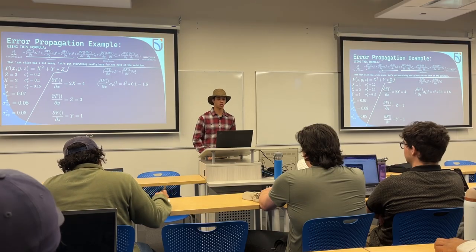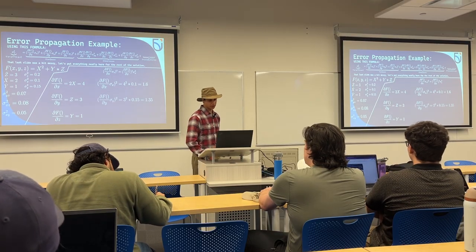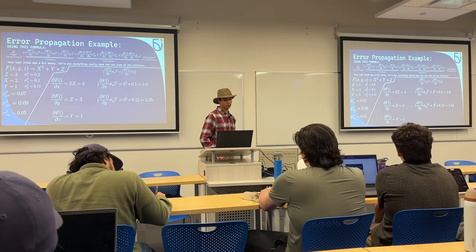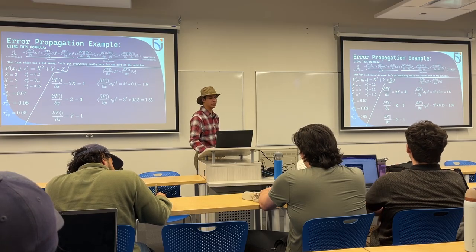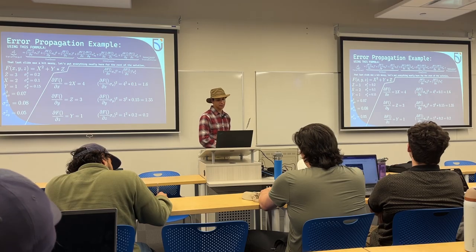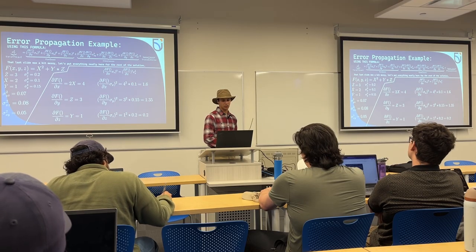That's not too bad. What about the next one? 3 squared times 0.15 is 1.35. And finally, for z, it looks to be 0.2.